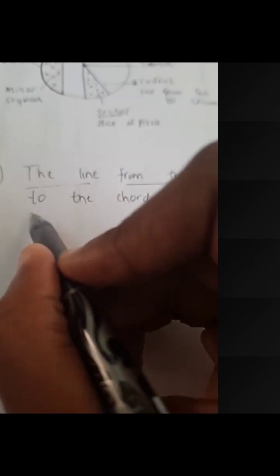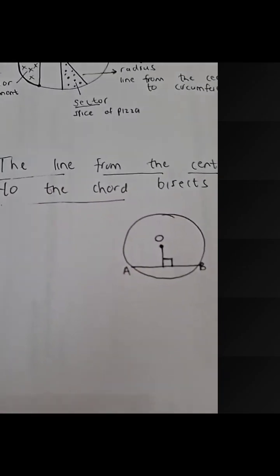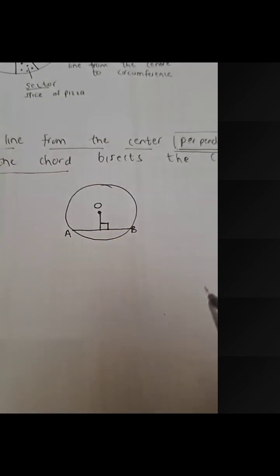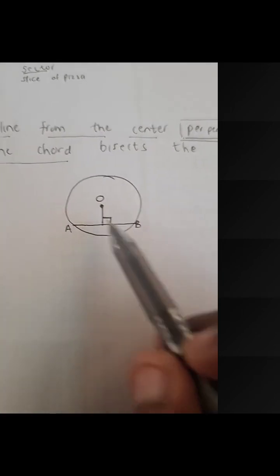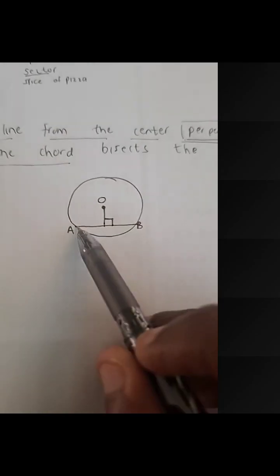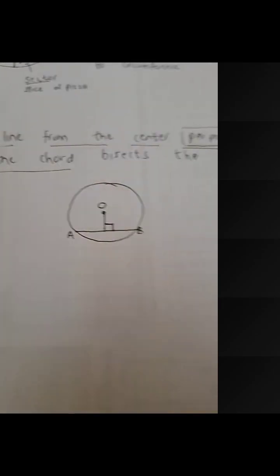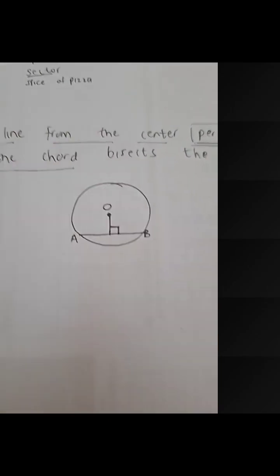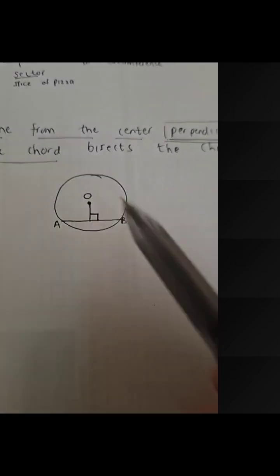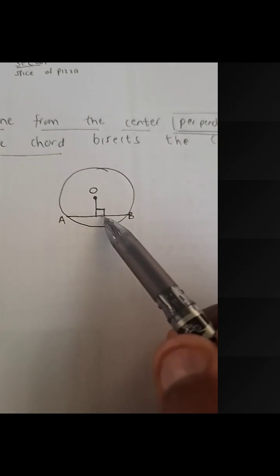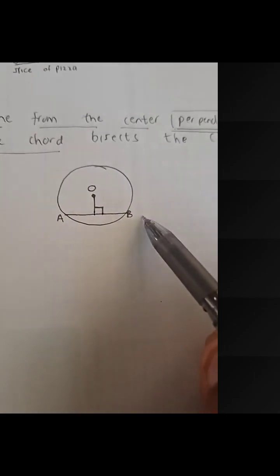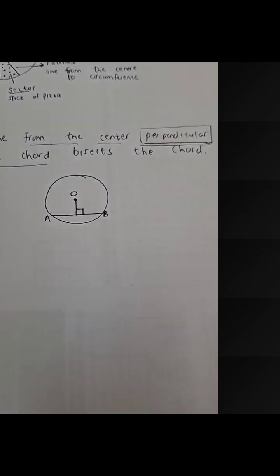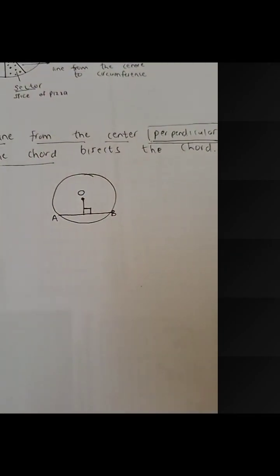This is what we see in our diagram. AB is called a chord. Why? Because it's a line from one end of the circumference to the other. So a line from the center perpendicular to the chord, that is what is stated.